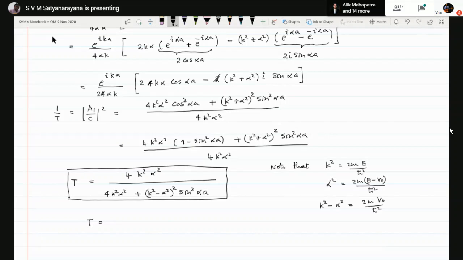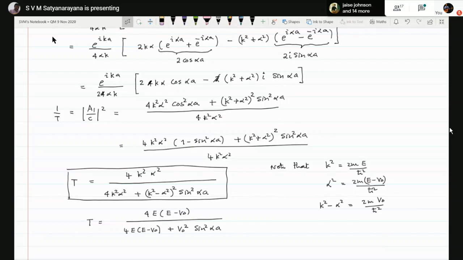So you can see that this factor twice m by h bar square will be there in all terms, and in every term that square is there, so that will cancel away. So you will have 4E into E minus V naught divided by 4E into E minus V naught plus V naught square into sine square alpha a.